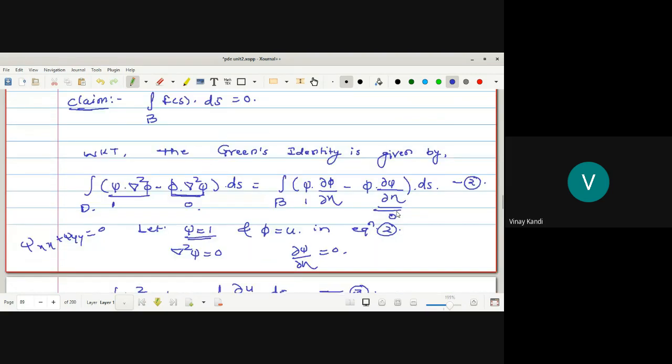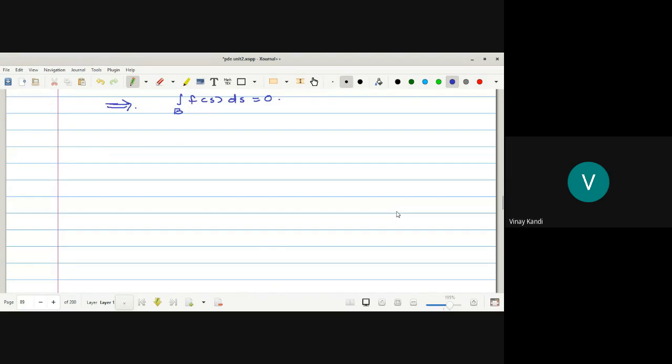ओके, सो नेक्स्ट पॉइंट इज: show that the solution of Newman problem is either unique or it differs from one another by constant. Okay, if u1 and u2 are the solutions of Newman's problem, then either u1 is equal to u2 or it differs from one another by constant.